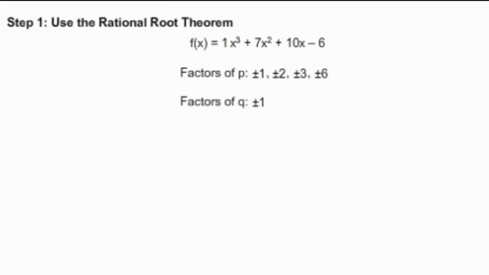Take each factor of p and write it as a fraction with each factor of q as the denominator. Make sure you account for all combinations. These fractions may all be simplified. So, the factors of p over q are plus or minus 1, plus or minus 2, plus or minus 3, and plus or minus 6.